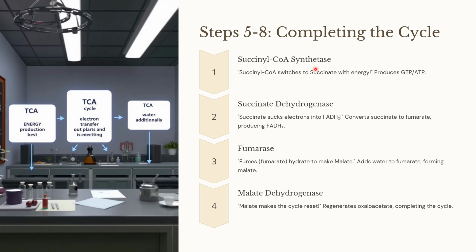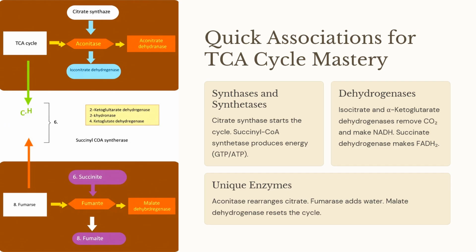Then succinyl-CoA synthetase switches to succinate with energy, because it has synthetase in its name, so it can produce either GTP or ATP. Again, succinate dehydrogenase sucks electrons into FADH2, converting succinate to fumarate. Then fumarase hydrates to make malate, and malate dehydrogenase makes the cycle reset by regenerating oxaloacetate, thereby completing the cycle. So this is a quick association.